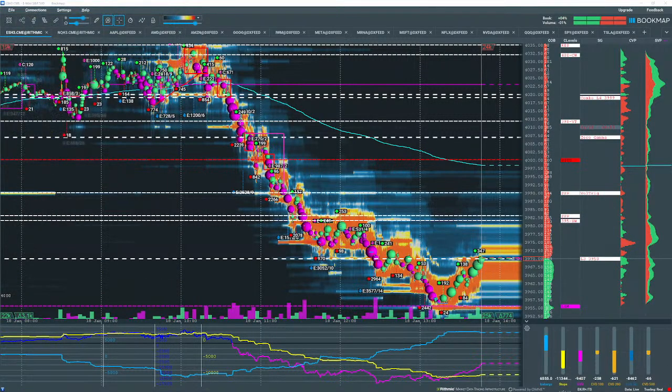Okay, hopefully that helps. You can zoom in on that.